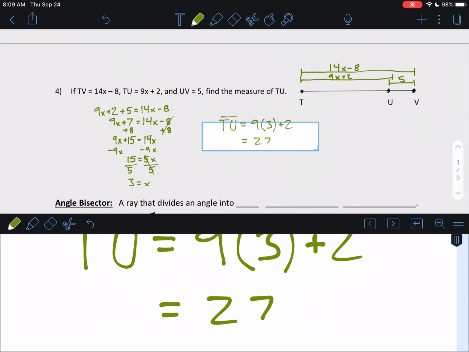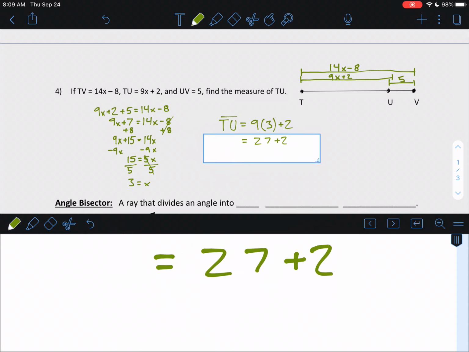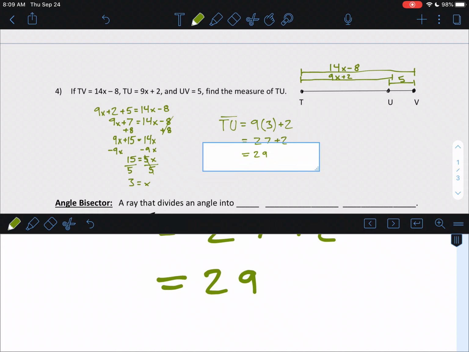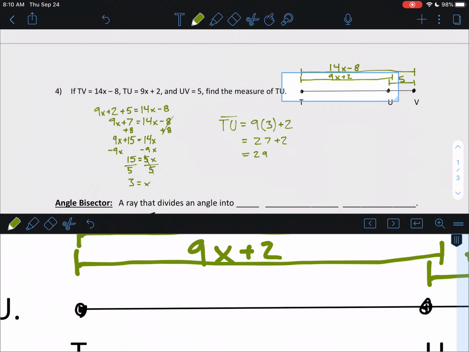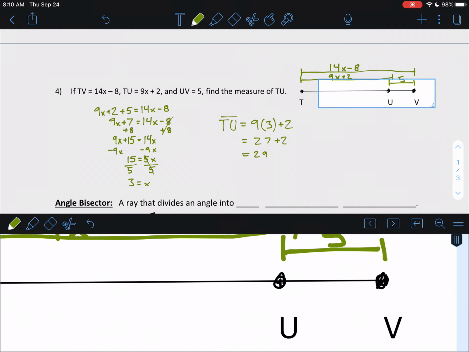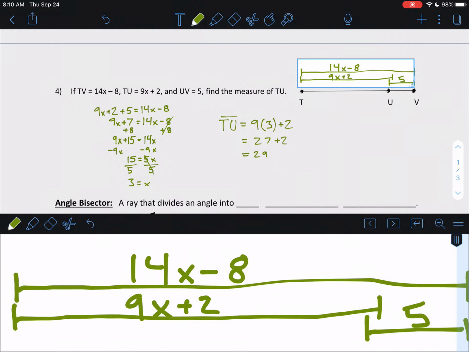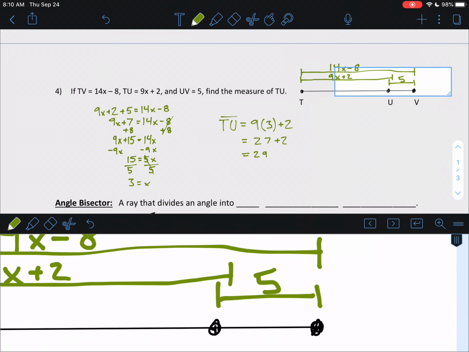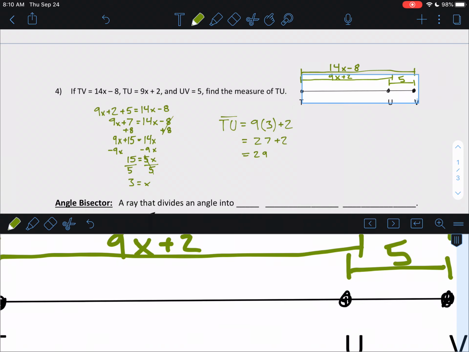So I got 27 plus 2, and 27 plus 2 is 29. So the answer is 29. The distance of segment TU is 29. And if it had asked me to find the distance of TV, I could just plug it into 14x minus 8, or I could just use this 29 and add the 5 to it, and it would be 34.